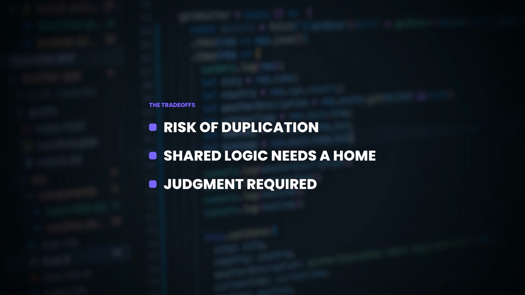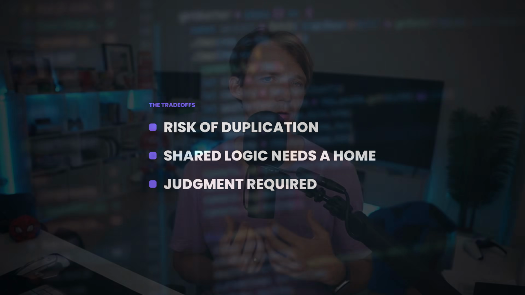Now, let me be fair though, because I don't want to sell you a silver bullet. No architecture is free. The first thing people worry about is duplication. If every feature is its own little island, won't I copy paste the same code everywhere? And the answer is, you have to be a bit disciplined. Genuinely shared logic still deserves a real home.